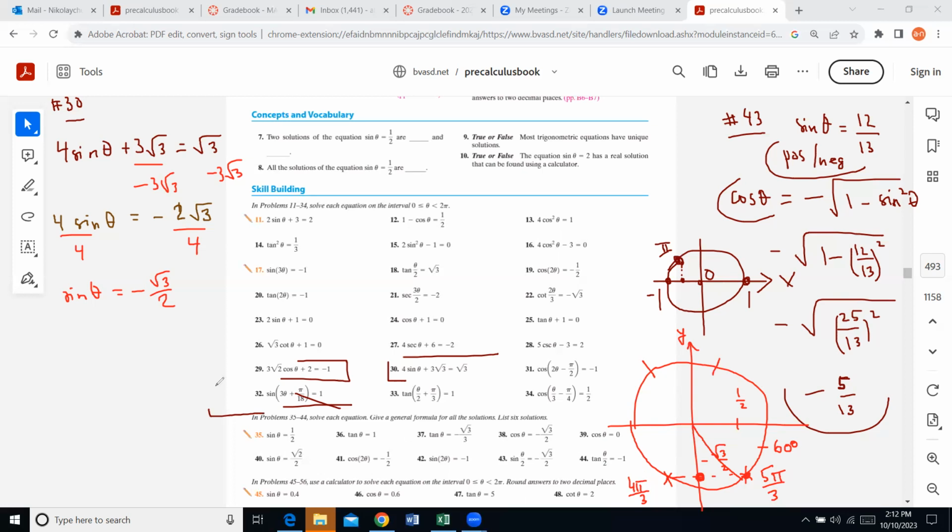So here is the pair of solutions: angle theta corresponds to 4 pi over 3, or to 5 pi over 3. So these two are the answers. And of course, plus the period, as we saw already for the function cosine, which is 2 pi, like that.